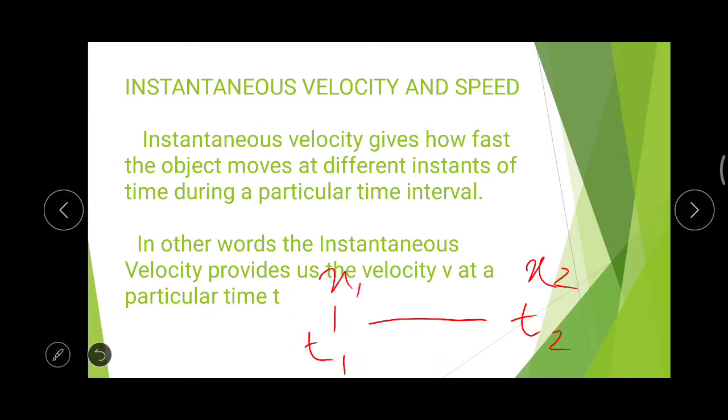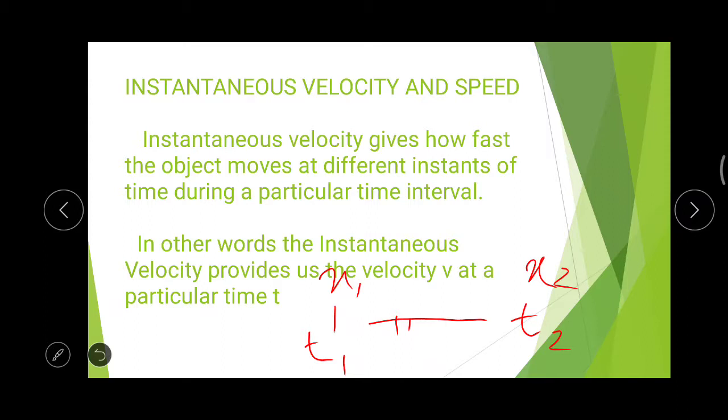Within this time period, how fast the position is changed. Suppose we want to find the velocity with which the body changed its position for a fraction of distance in between this time interval, just within a fraction of a second, how much the position has changed, how many meters it has changed.